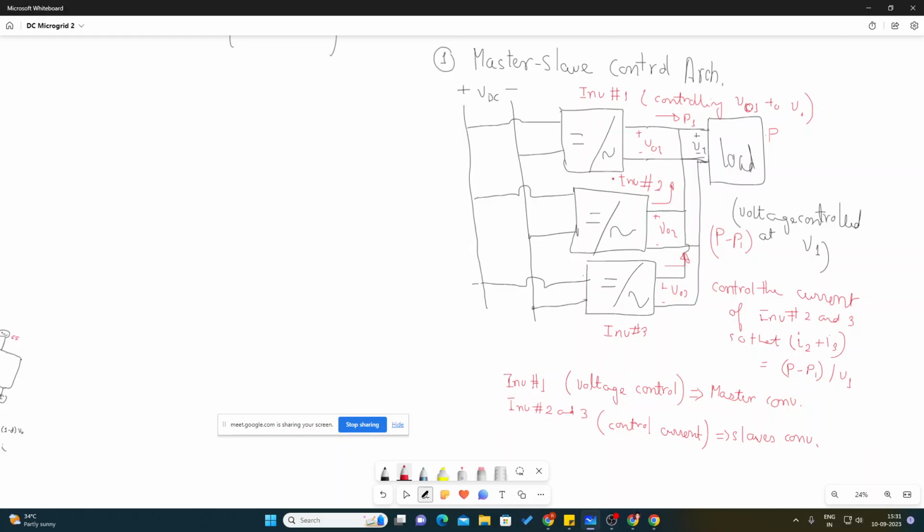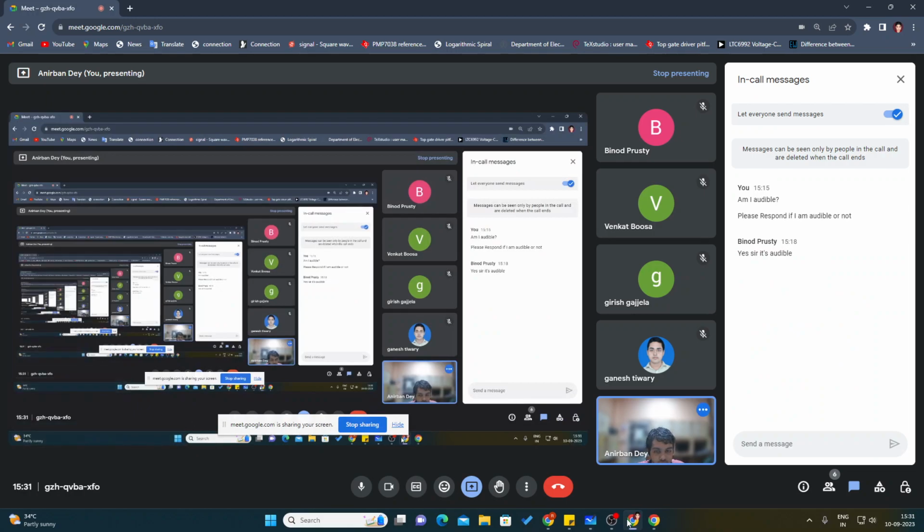So there is a dependency on one inverter to control the voltage. The other inverters will operate in current control mode to provide the required power to the load. So any doubt? Anyone?